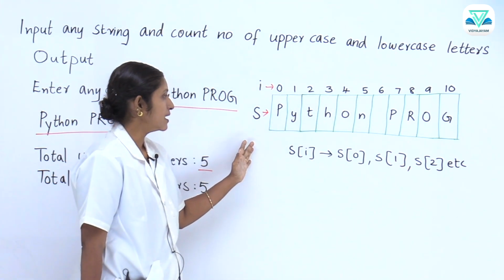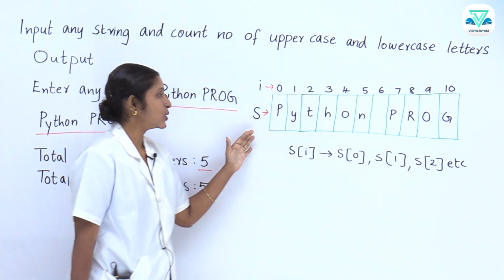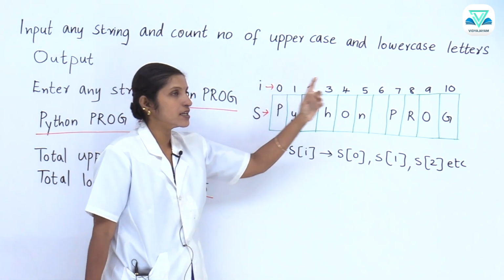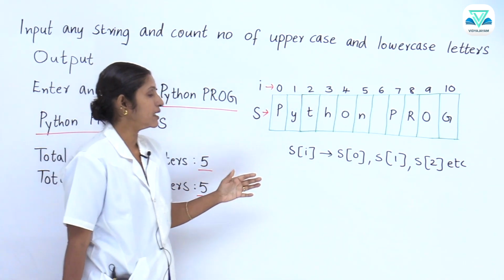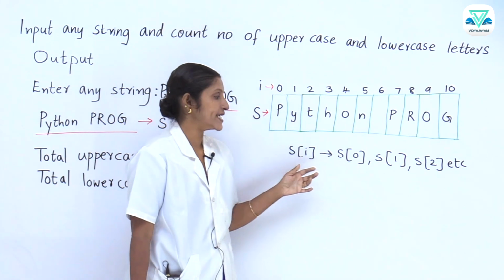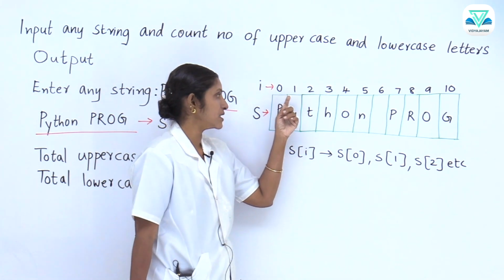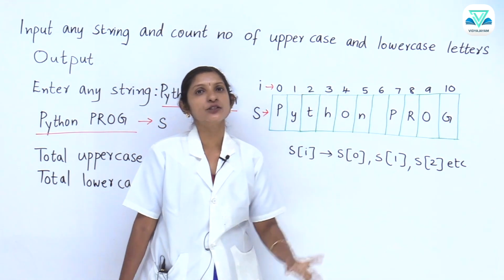In the memory, each letter is stored in different blocks, so that it has an index i, and this index starts from 0 onwards till the end. And remember, in the program code we have given s[i]. s[i] means it is the index. That is s[0], s[1], s[2], s[3], s[4], s[5], like that it goes on.